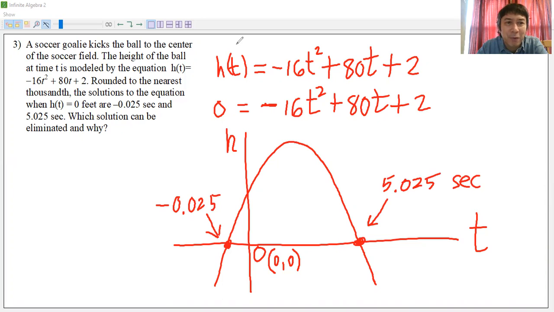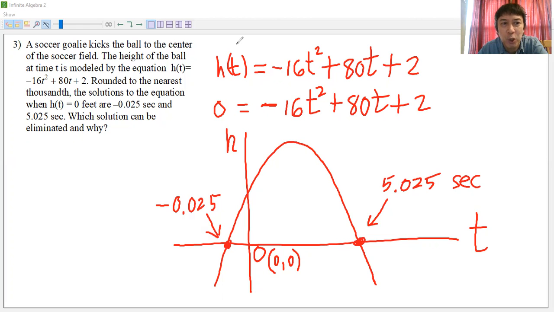Now, which solution can be eliminated and why? Of course, if you look at the negative 0.025 seconds, that's a negative value for time, and we're going to reject that. So you have to reject the negative 0.025. Now the 5.025 seconds, that's the accepted solution. So that's the interpretation of the solution of this.